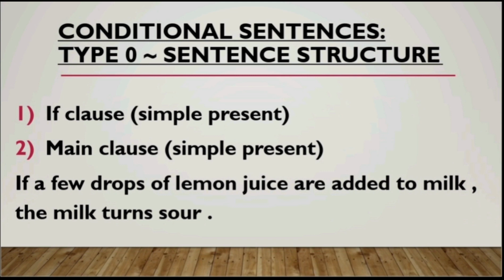Have a look at this example here. If a few drops of lemon juice are added to milk, the milk turns sour. In this example, both the clauses contain simple present tense expressing a scientific fact.